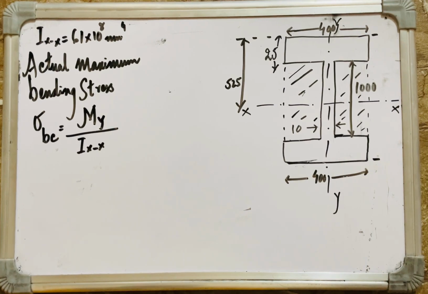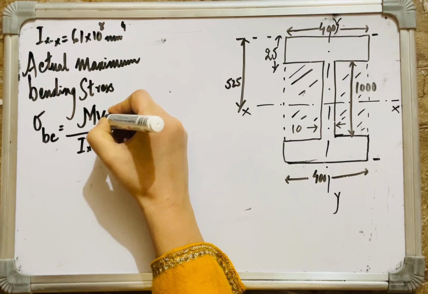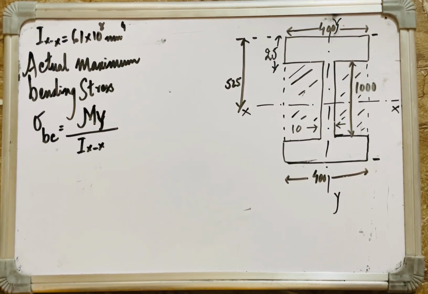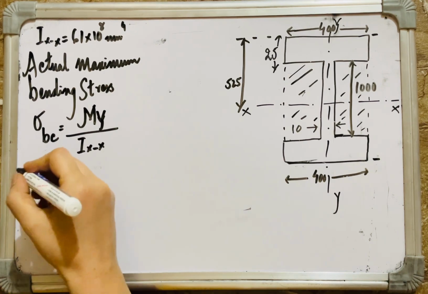The actual maximum bending or flexural stress for this trial section of the plate girder is given by sigma BC, which is equal to M multiplied by y divided by the moment of inertia of this plate girder, but about which axis? The xx axis.